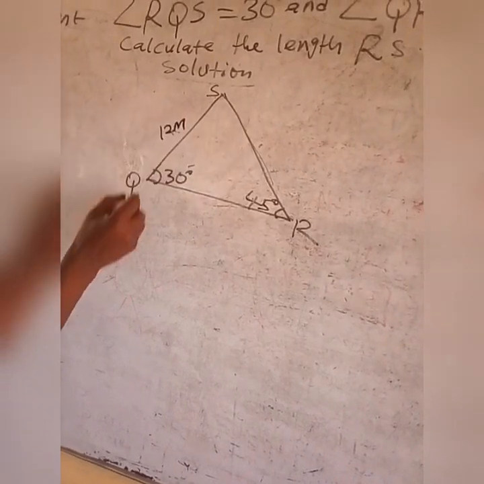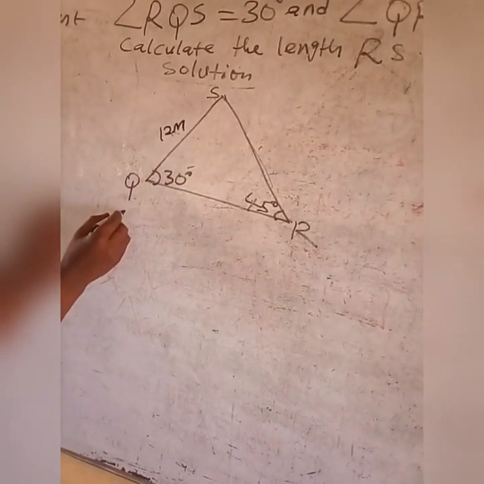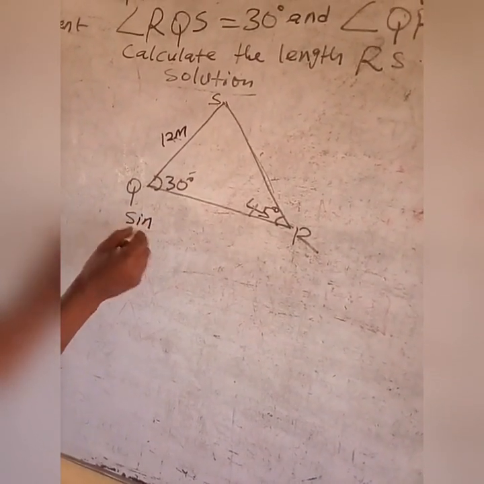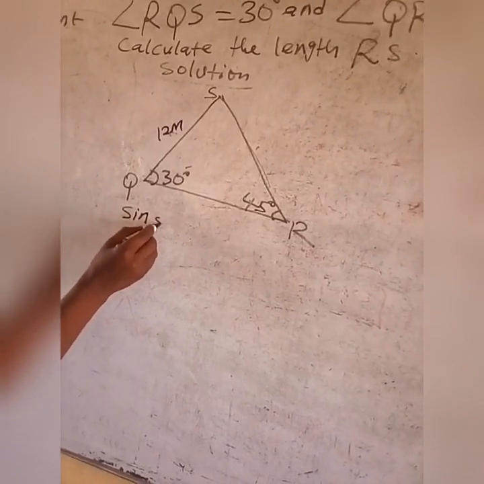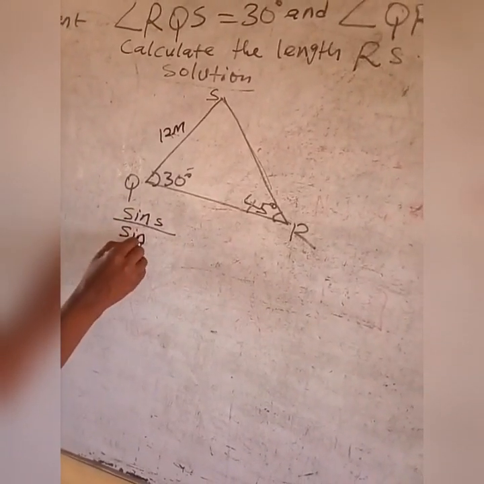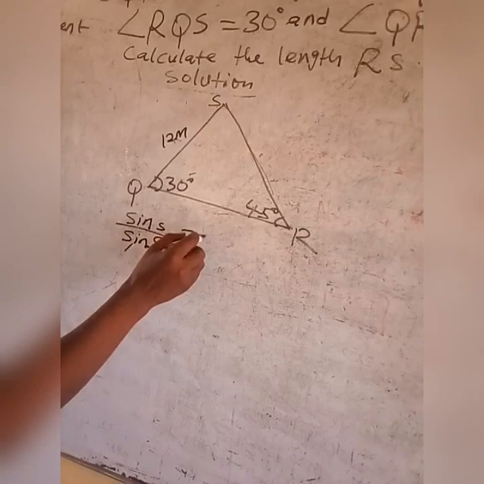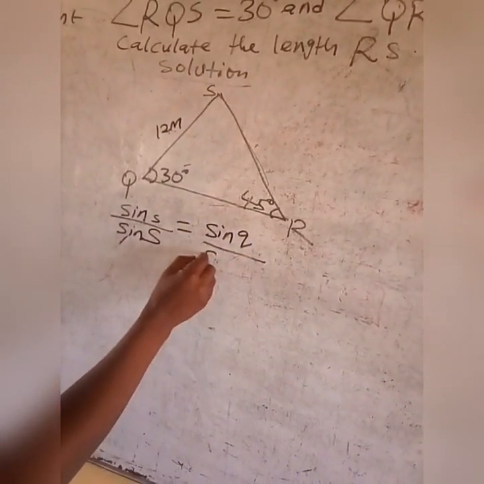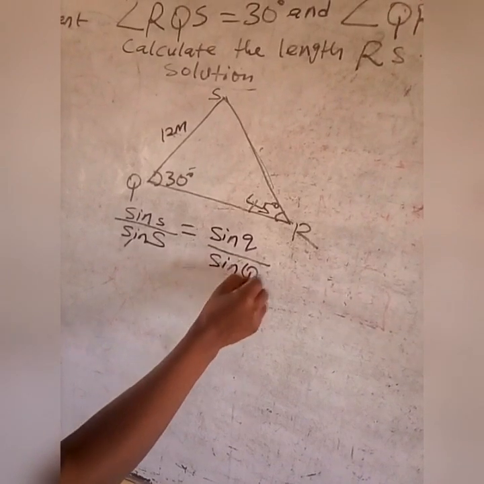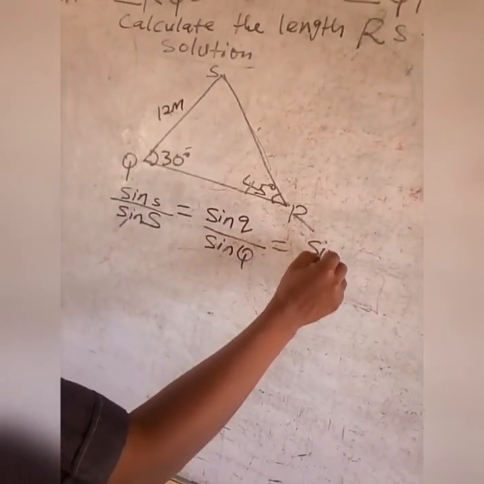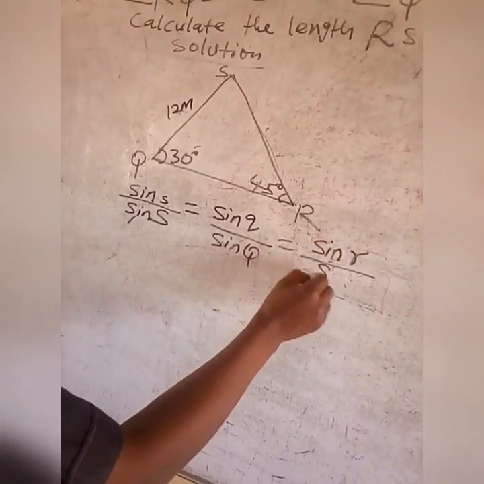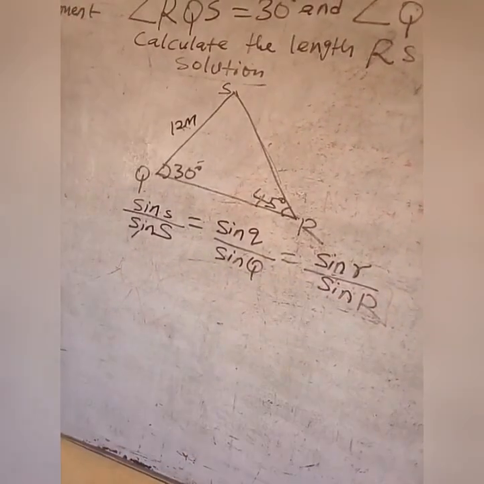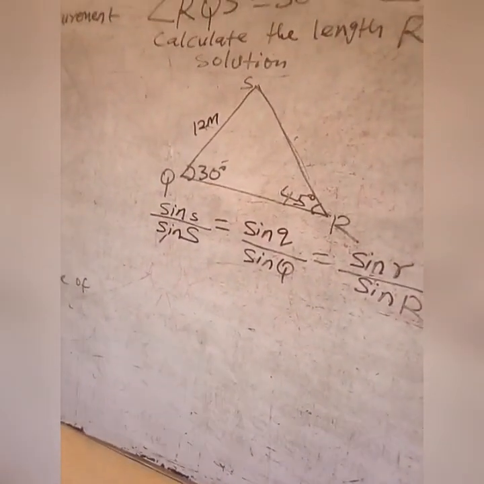Let me state it. This is sine small s over sine big S equals sine small q over sine big Q equals sine small r over sine big R. I've stated all of them like we stated before.